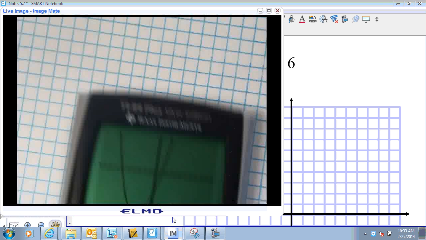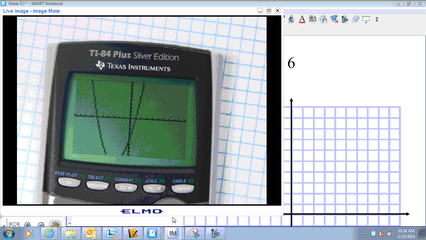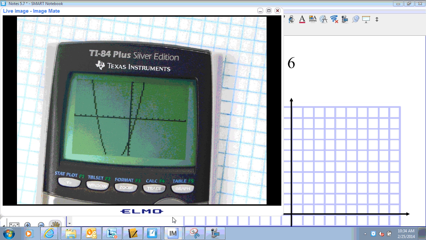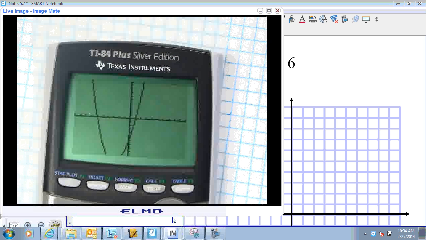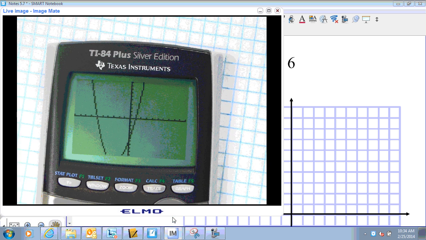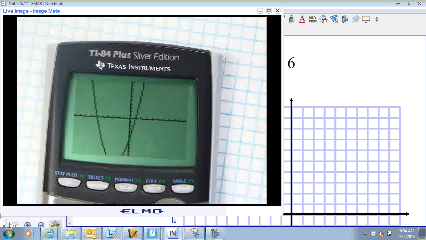That vertex is below our viewing screen. So that means I'm going to have a little bit larger y value. That's going to happen tonight in some of those problems. So you're probably going to have to take your graphs and count by 2s. I don't think you'd have to count by something as large as counting by 3s. But you need to make sure that you can fit that vertex on your graph. So be prepared to count by 2s in your homework.